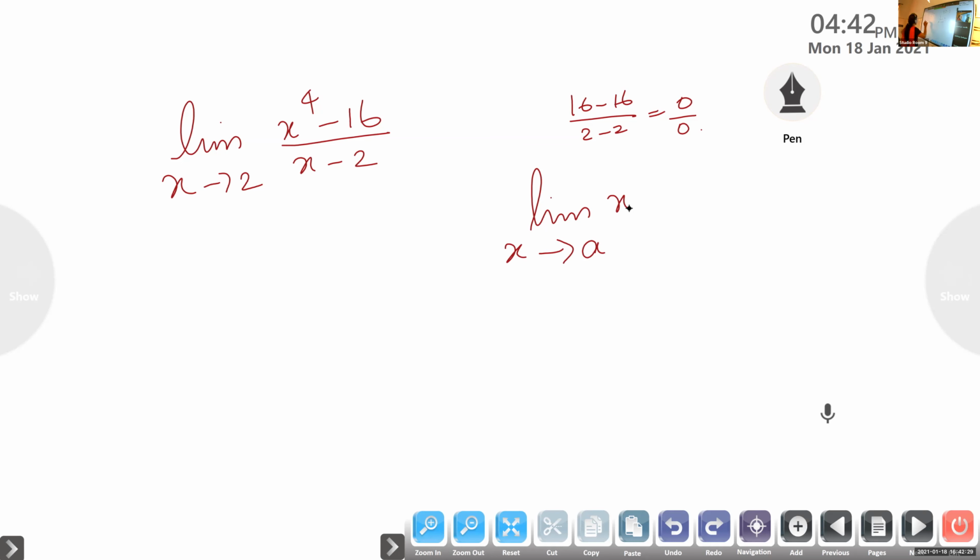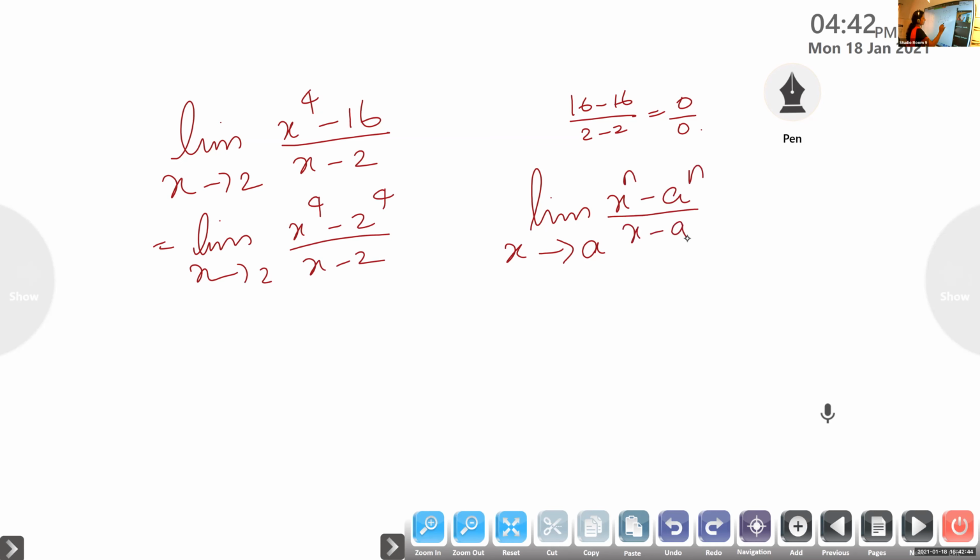Okay, very good. So we can write this as limit x tends to 2, x raised to 4 minus 2 raised to 4 by x minus 2. So it takes the form x raised to n minus a raised to n by x minus a, isn't it? If it takes this form, the limit is n into a raised to n minus 1.